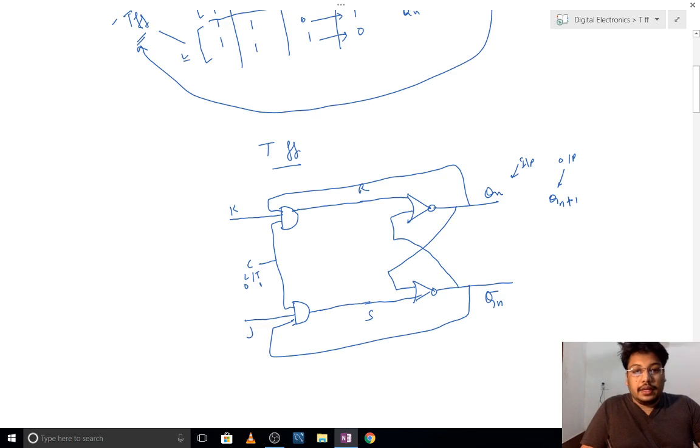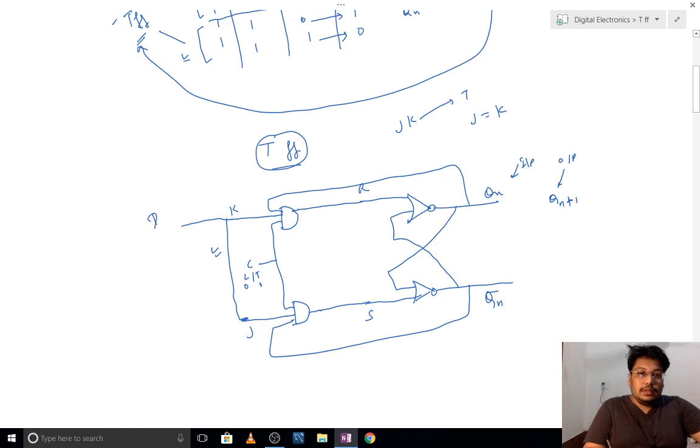To make it as T, we have just said that JK can be converted to T when J equal to K. So take one input and connect it like this. So this is a change. This connectivity is a change. Now this is my input, right? K equal to J, clock is as it is.